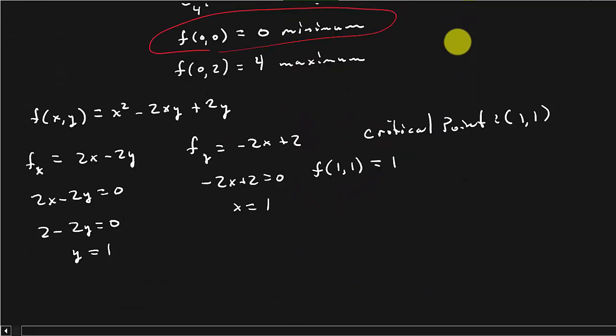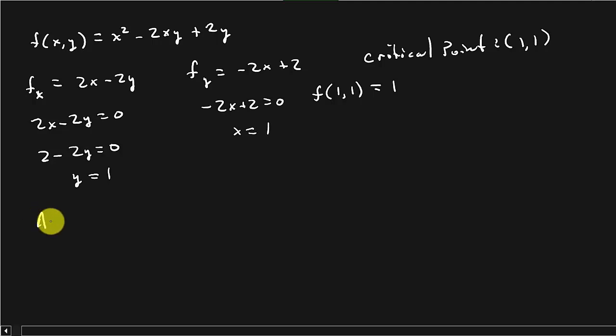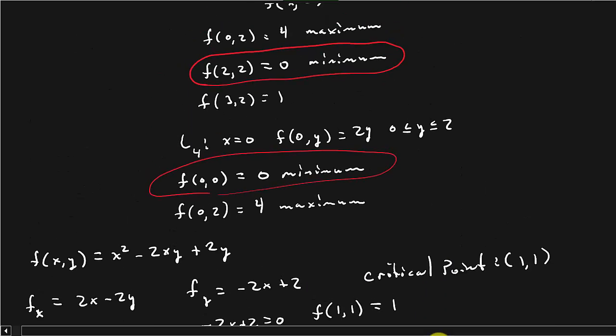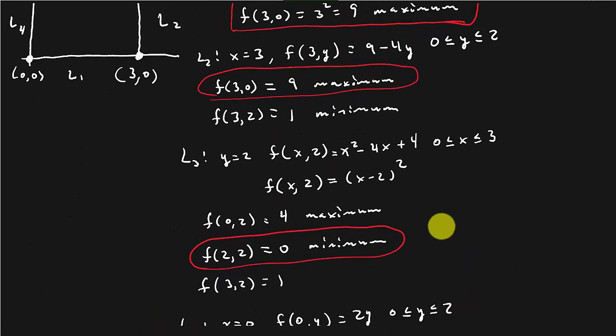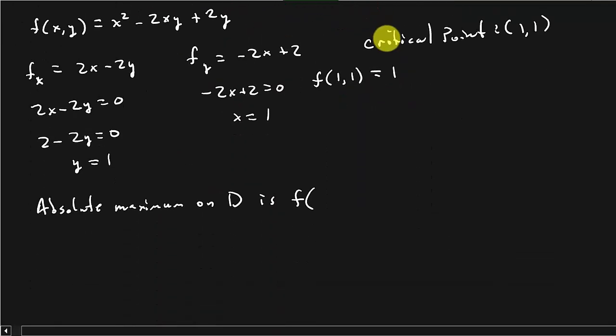So from all of that, you can see that we have an absolute maximum on D, which is f of 3, 0, which equals 9. Now what was our largest value? The 9, right? And that occurred at 3, 0.